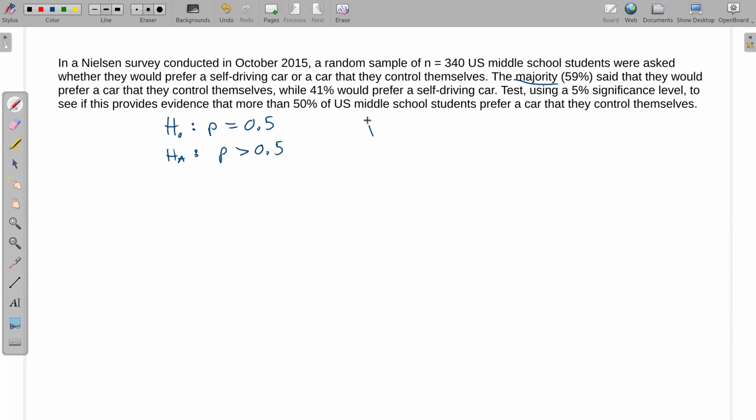And again, what is p here? p is the proportion of middle school students who prefer to control the car themselves.